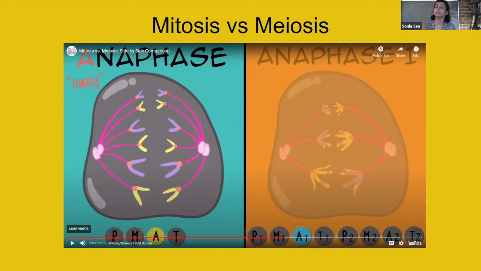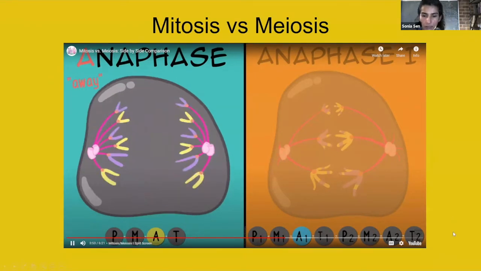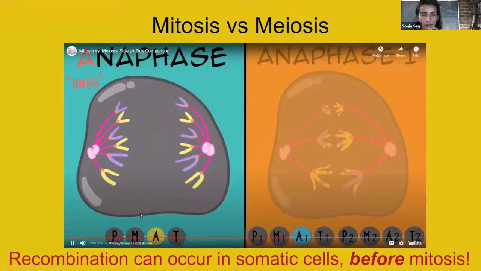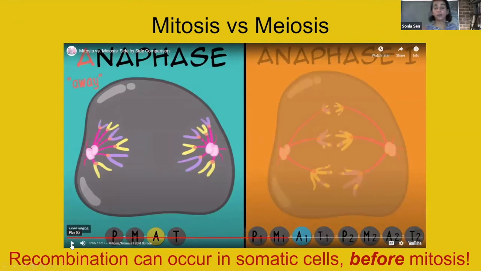But that's not to say that recombination doesn't occur in somatic cells. It actually does. Oops, that's not what I meant to do. Are pulled away by the work of the spindles. They are moving. Okay, recombination does occur in somatic cells. It happens before mitosis.